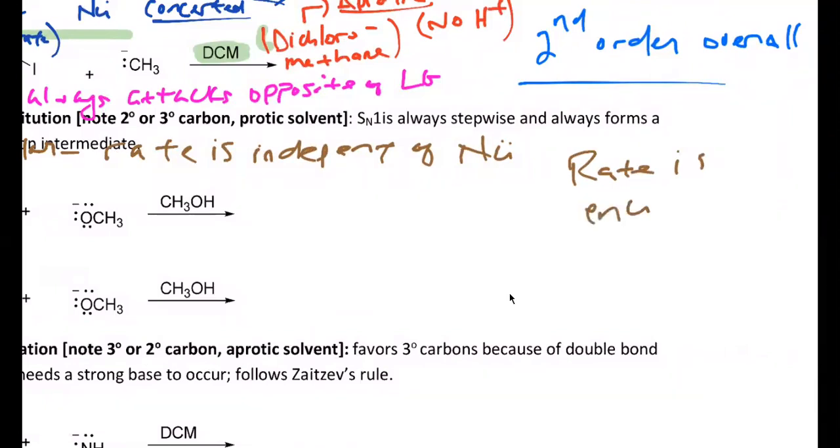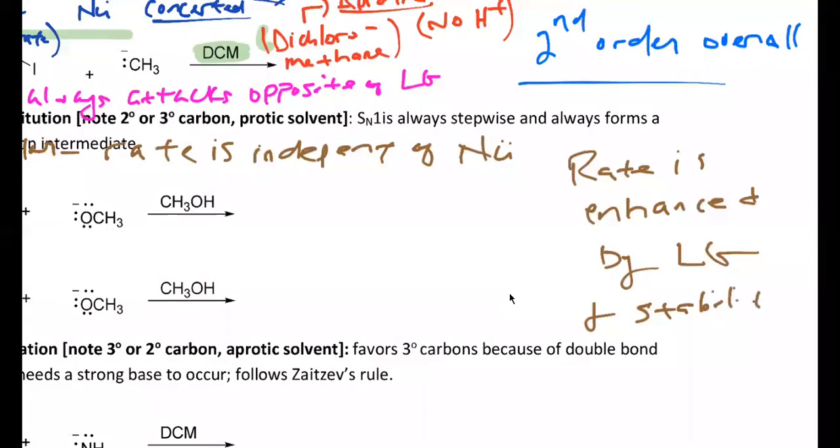So the rate is enhanced by leaving group and stability of an intermediate. Those two things increase the rate.